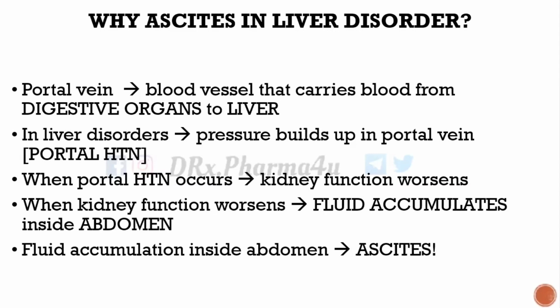There is a vein known as the portal vein. It is a blood vessel that carries blood from digestive organs to the liver. When your liver is damaged, pressure increases in the portal vein. If pressure increases in a blood vessel, it means hypertension. So when pressure builds up in the portal vein, it causes portal hypertension.